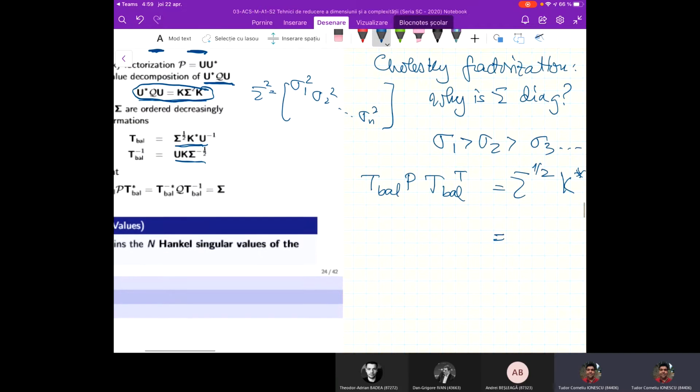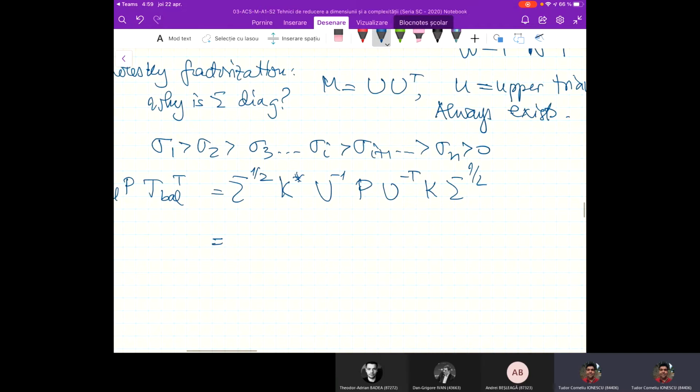T bal minus transposed. First of all, let's take it to the minus 1. So this is U, K star, K minus star, sigma to the minus 1/2 transposed.